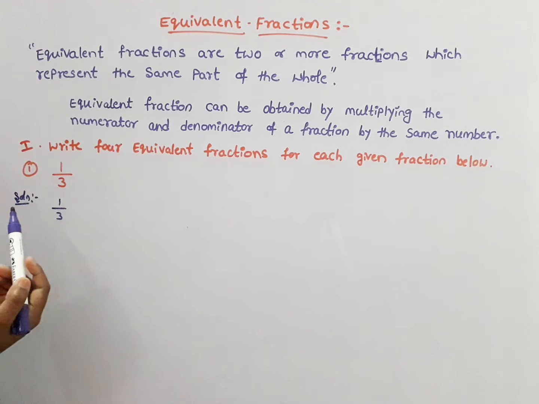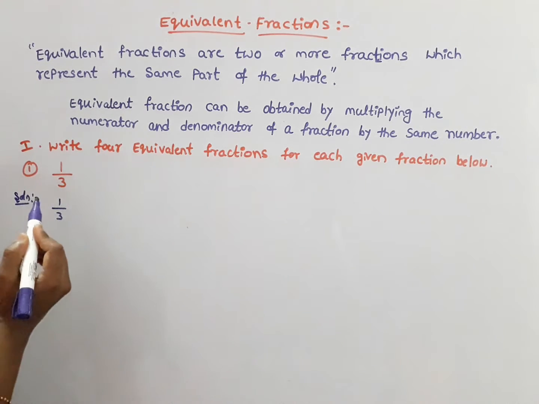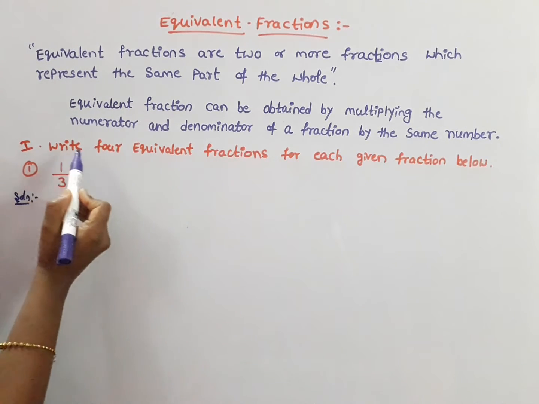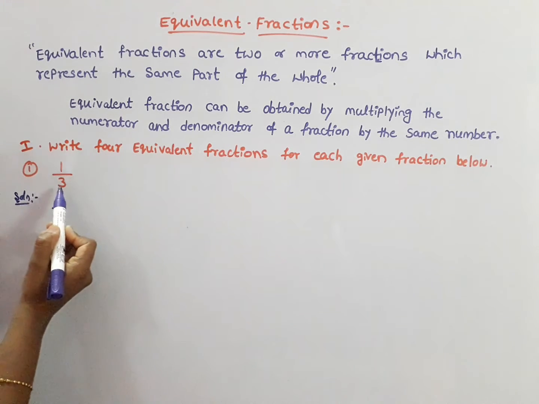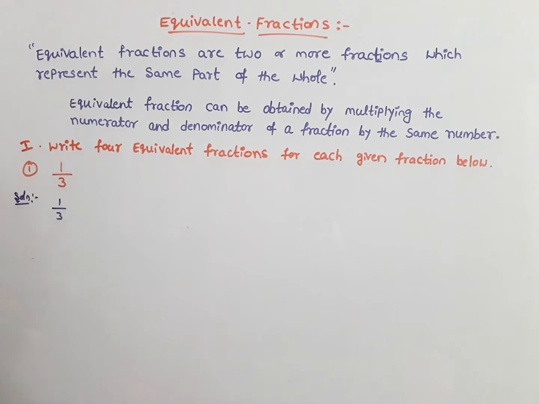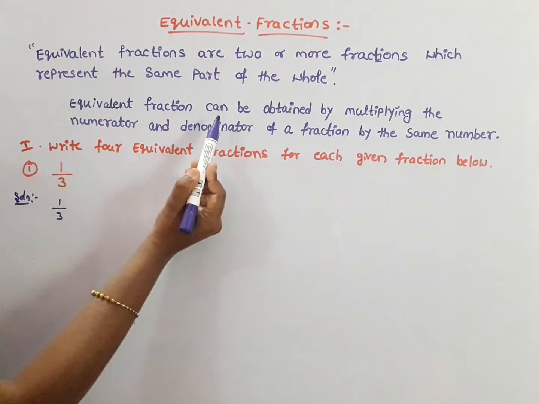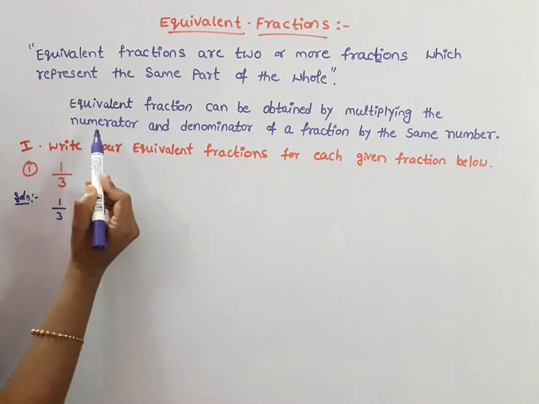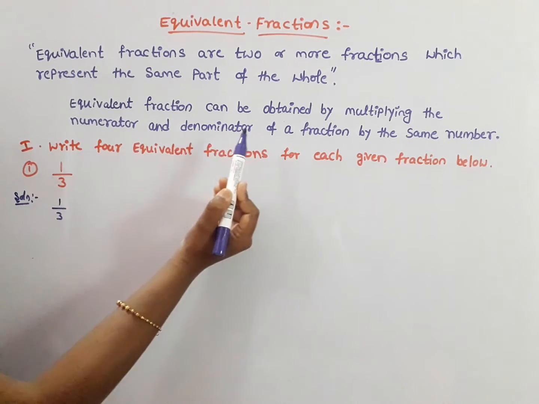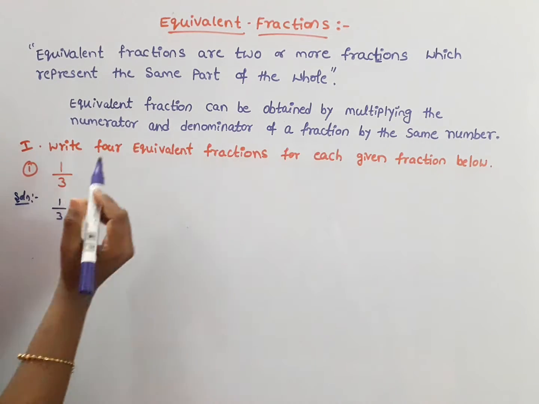So here students, we'll take a few examples. The first example, write 4 equivalent fractions of 1 by 3. So then how to write the equivalent fractions of 1 by 3? According to the definition, equivalent fractions can be obtained by multiplying the numerator and denominator of a fraction by the same number.